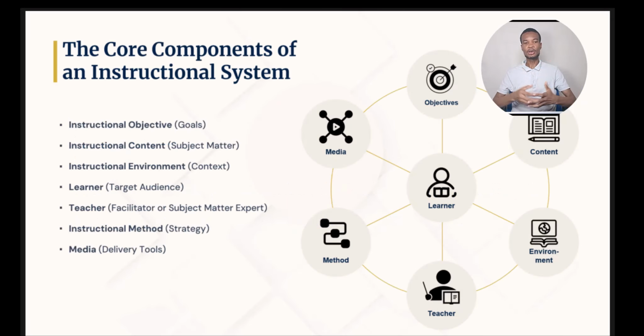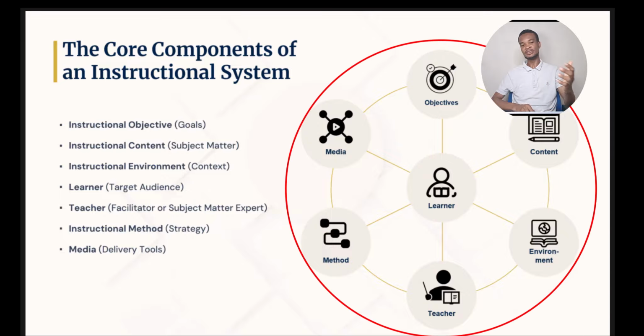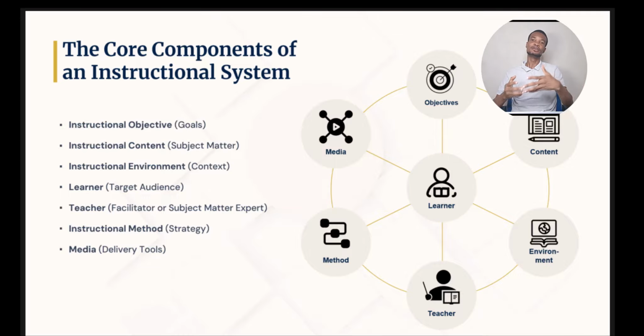So, what are the core components of an instructional system? The core components, as described on screen, include the instructional objectives, which are like the learning outcome, the expectation of an instructional process; the learning content, which is the subject matter, what you intend to teach, the message you intend to pass across in order to achieve the instructional objectives.